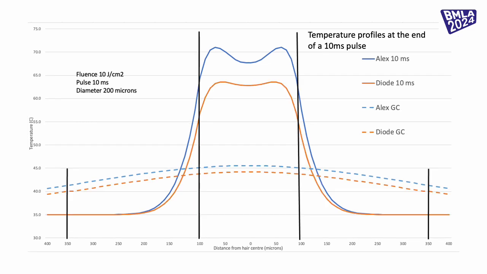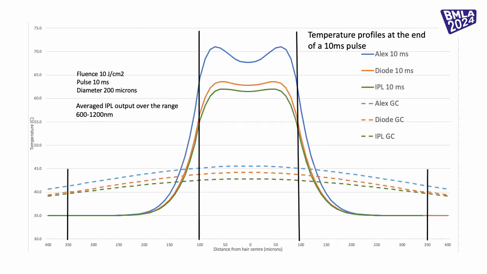For a diode laser at 810 nanometers, the solid line shows the temperature profile inside the hair shaft itself, slightly lower than the alexandrite because it has a lower absorption coefficient, and the dotted line shows the profile once it's relaxed, reaching a maximum temperature at the follicle wall. And then for the IPL, this is the averaged output over the range 600 to 1200 nanometers, which is typically used for hair removal.